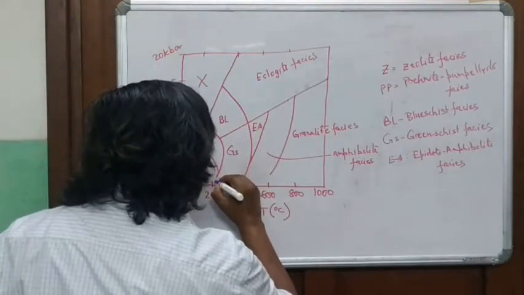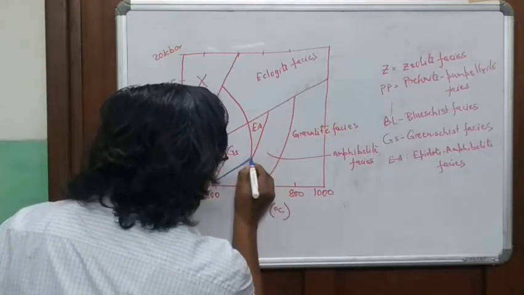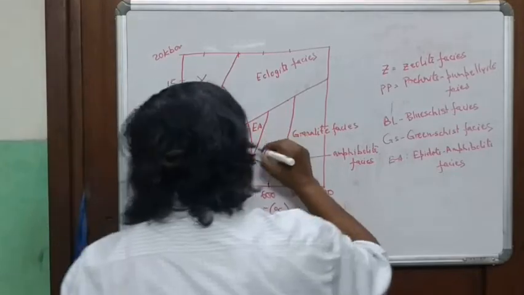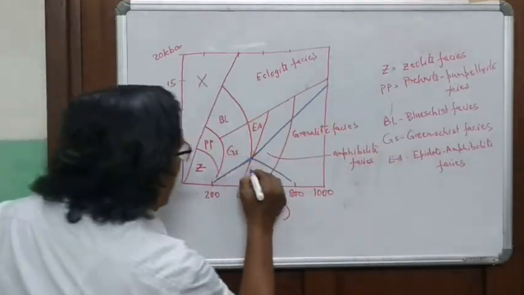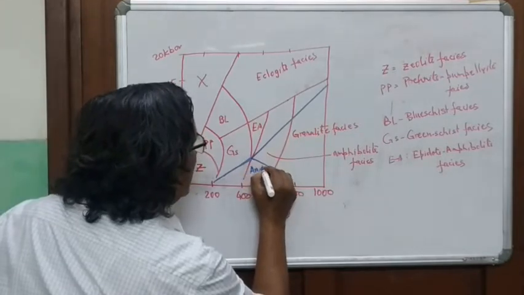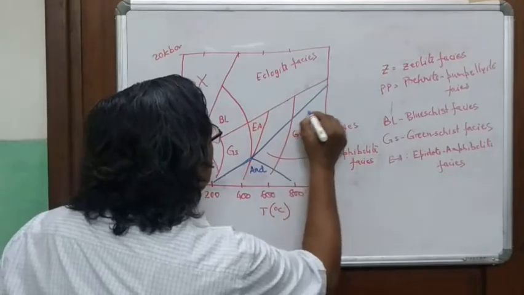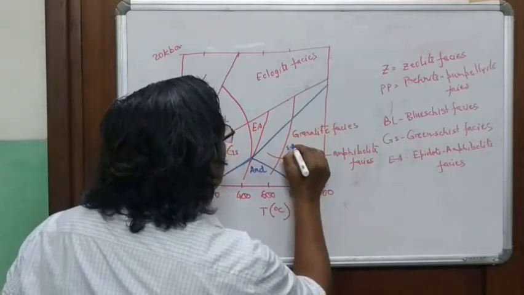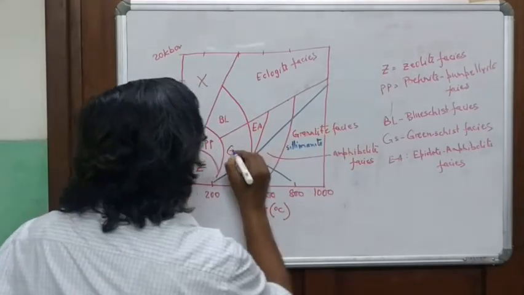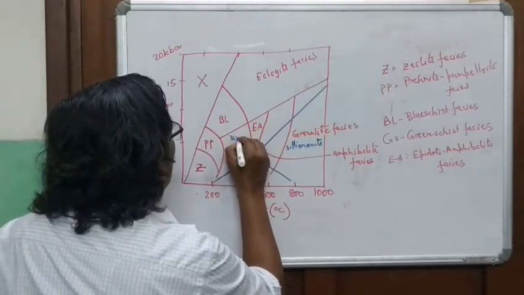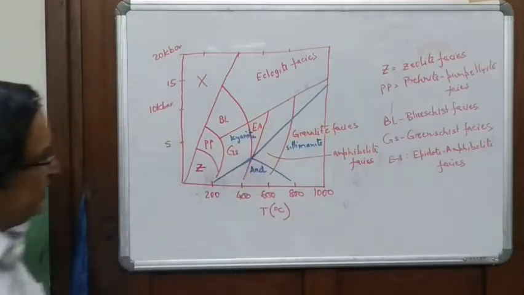One is just to give you a reference. This is your triple point diagram. Andalusite, here it is sillimanite, and here it is kyanite. This is for reference.